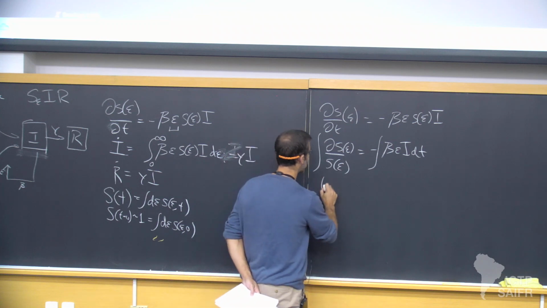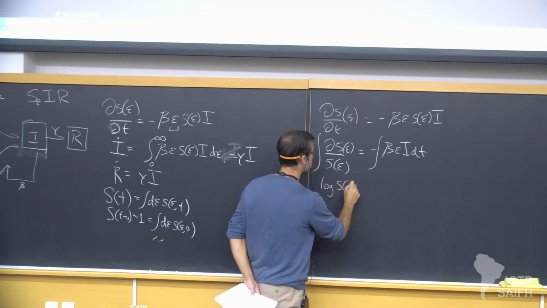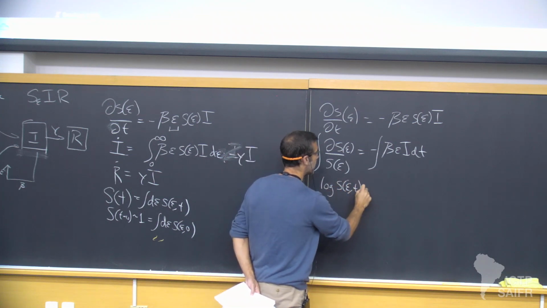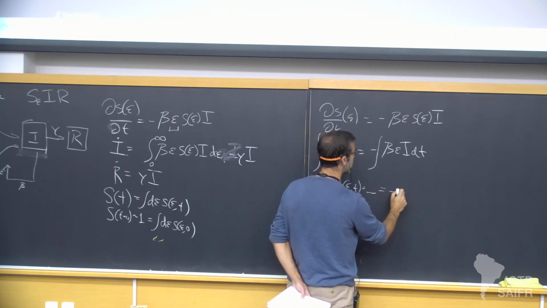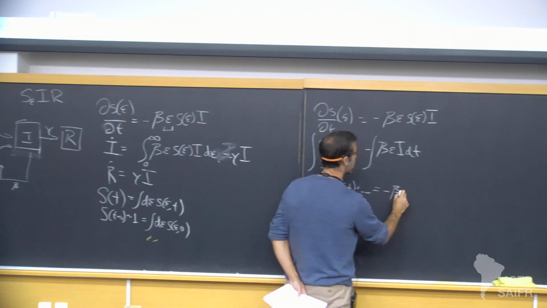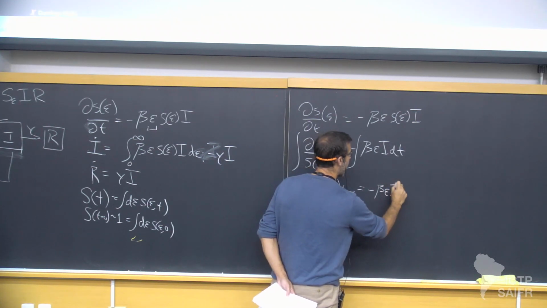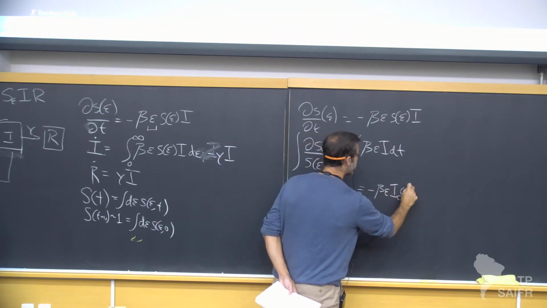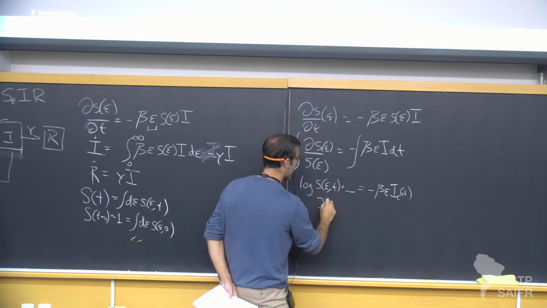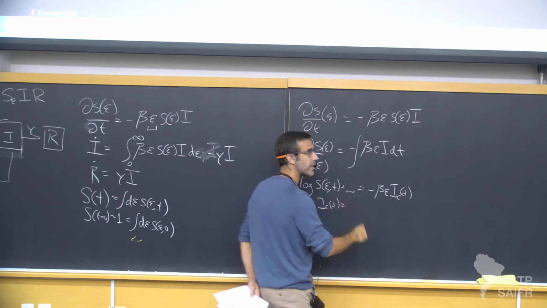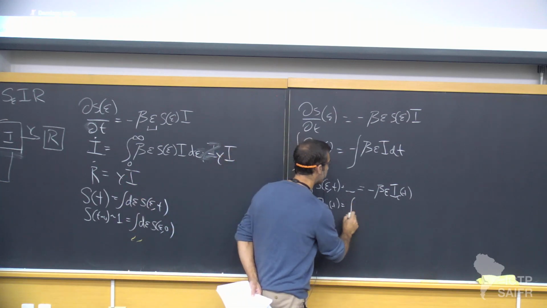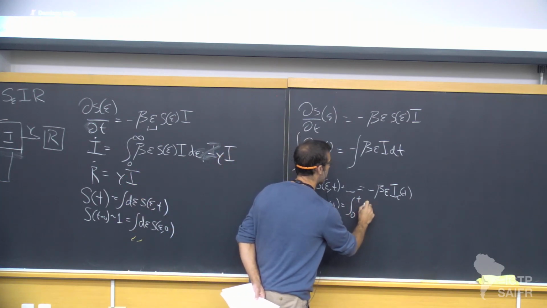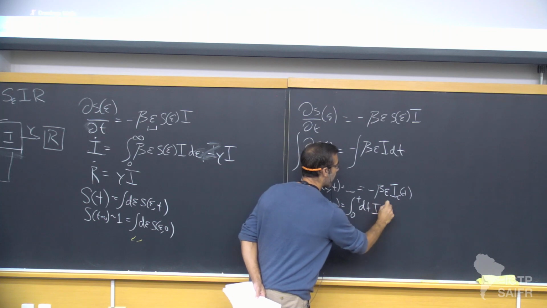So we get something like the log of S of epsilon comma t plus some integration constant is equal to minus beta epsilon, and I'm going to write I_C of t, where I_C of t, you can think of this as the total number of prevalence days. It's the cumulative integral from 0 to t dt of I of t.